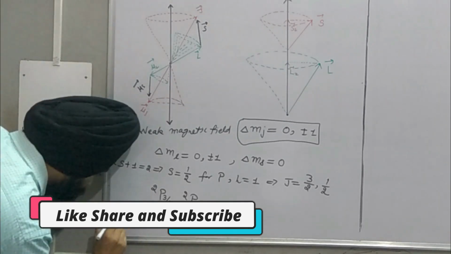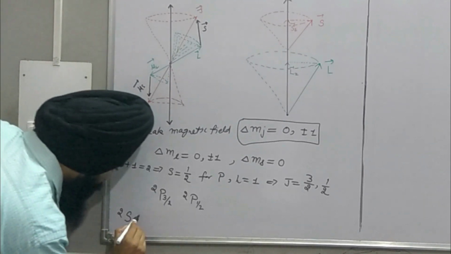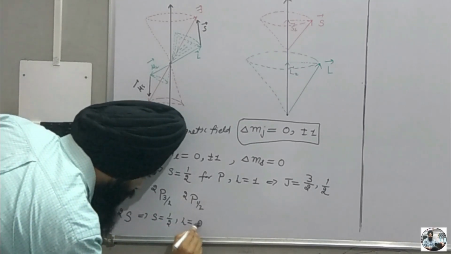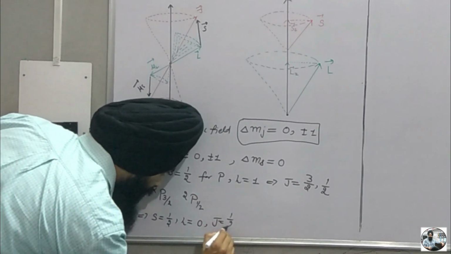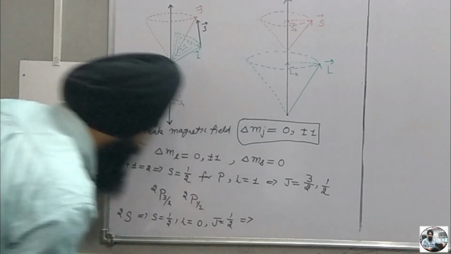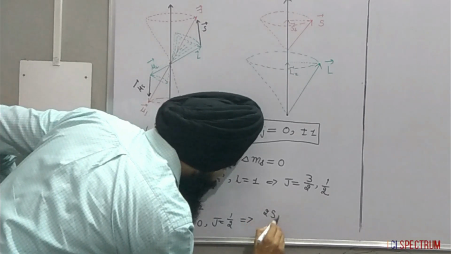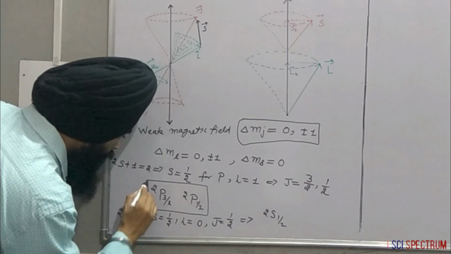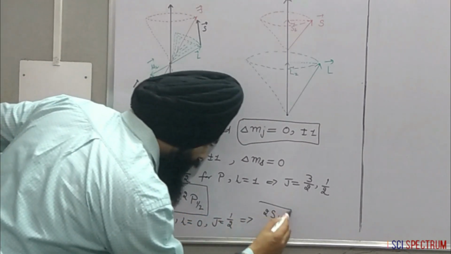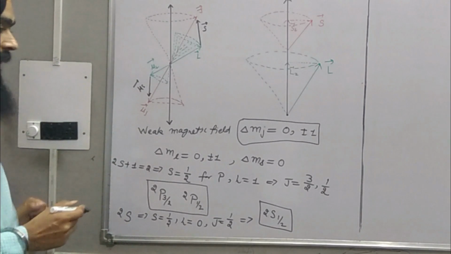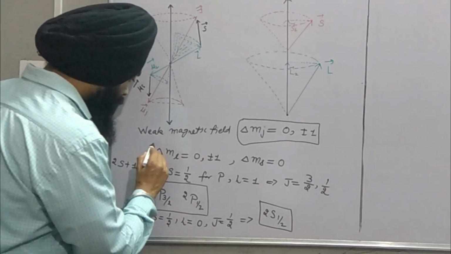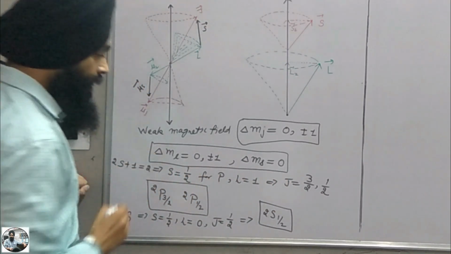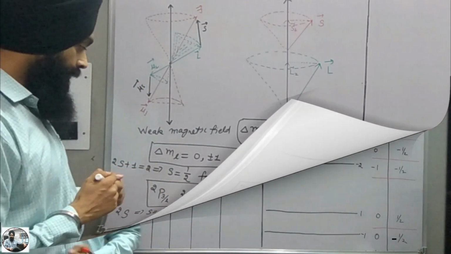For 2s state, S value is half, L value is 0, so J value is half, so the corresponding term value is 2s half. So the transitions will occur between 2p 3 by 2, 2p half and 2s half by applying the selection rules: delta M is equal to 0, plus minus 1, delta ms is equal to 0 simultaneously.